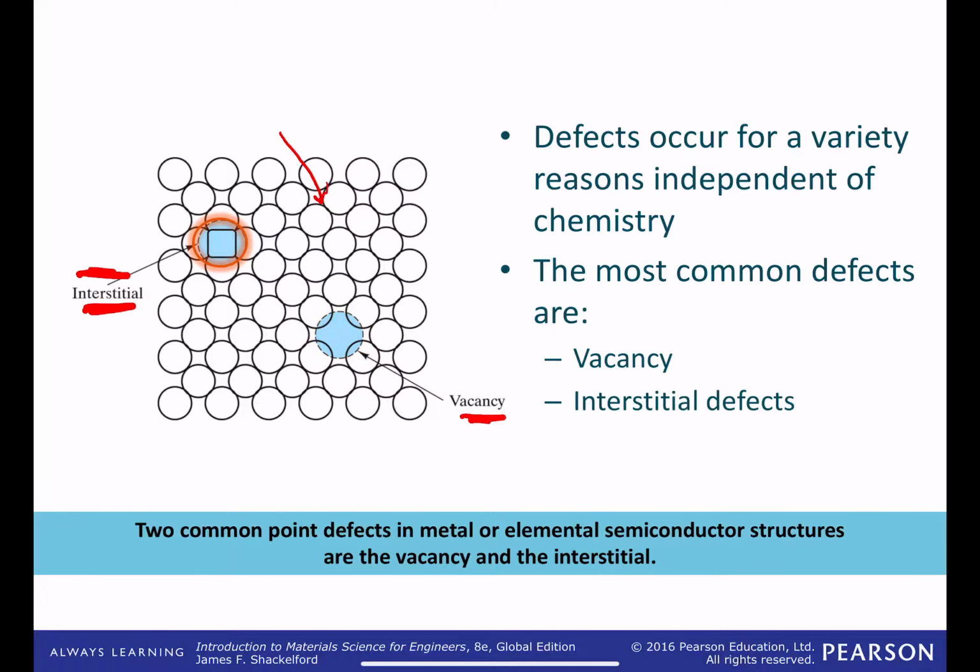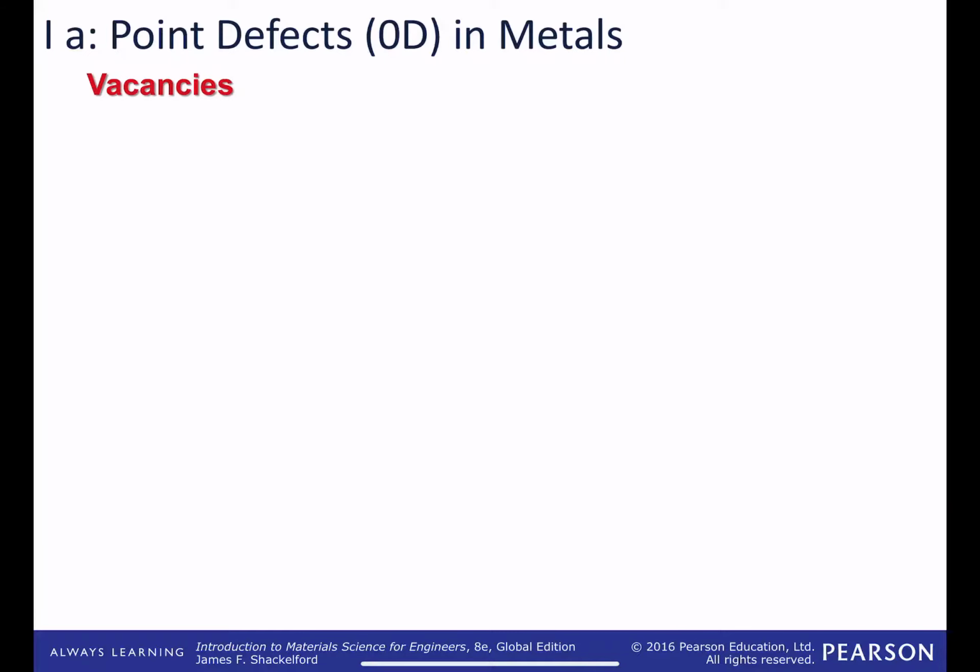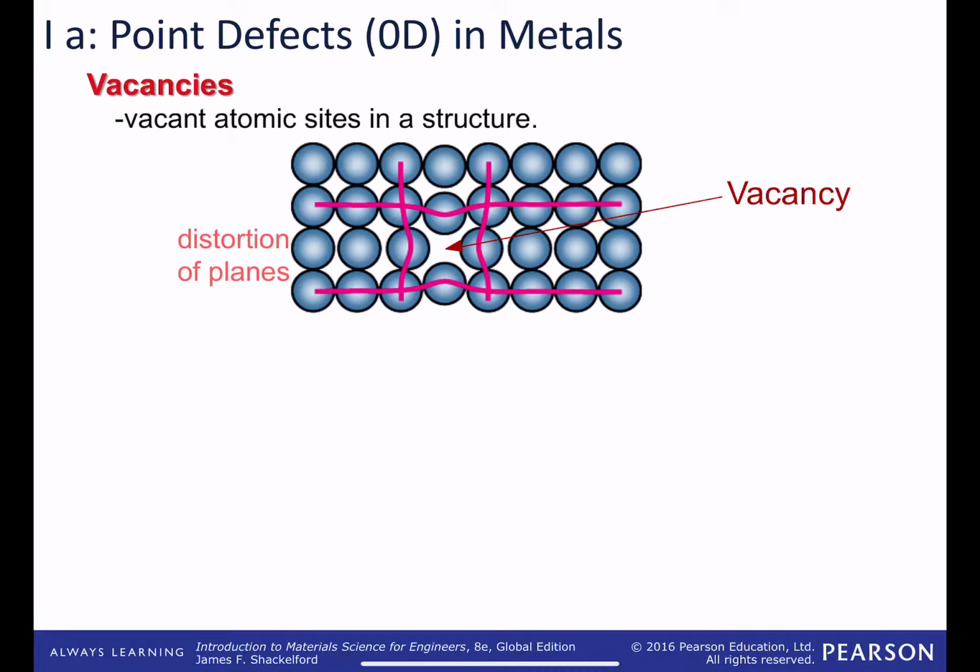Okay, so we've seen these two being very common defects so far. The vacancy, where we are missing an atom, and these interstitial defects as well. Depicted for you a little more obviously here, you can see the influences of a vacancy site on the bonding. When an atom is missing, as you might expect, the neighboring atoms might take advantage of that space a little bit.